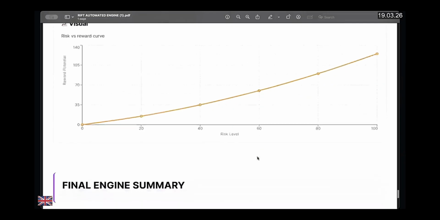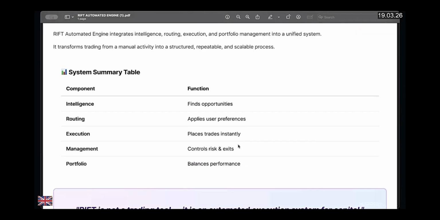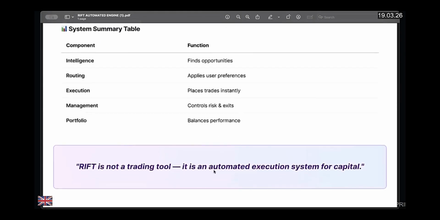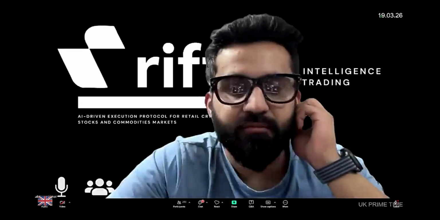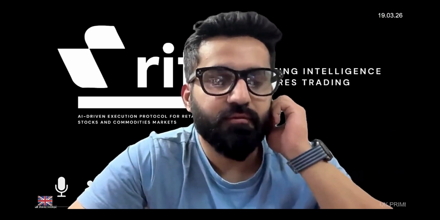So this is how the automated trading engine works. It combines the intelligence, routing, execution, management, and the portfolio of a user, and then gives you results and outcomes like that.